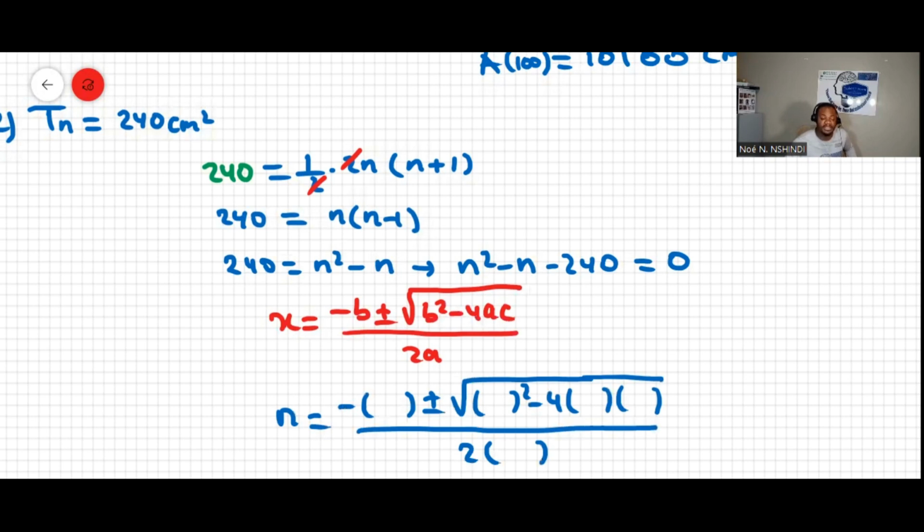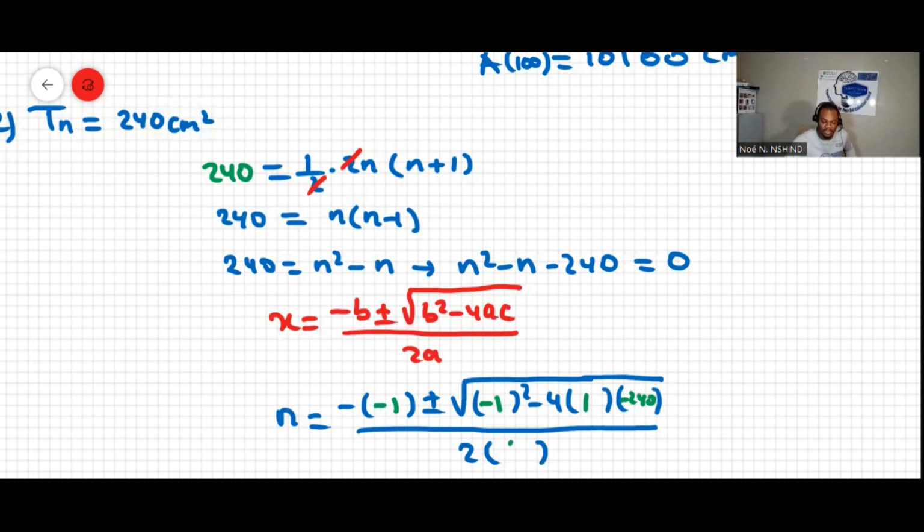So now we can sub in the values. B is negative 1, so minus b, square root of minus 1 squared, a is 1, c is negative 240, over 2a.